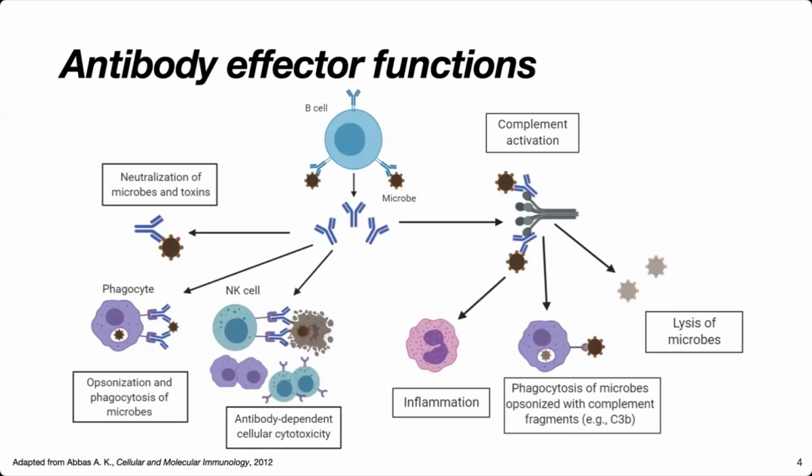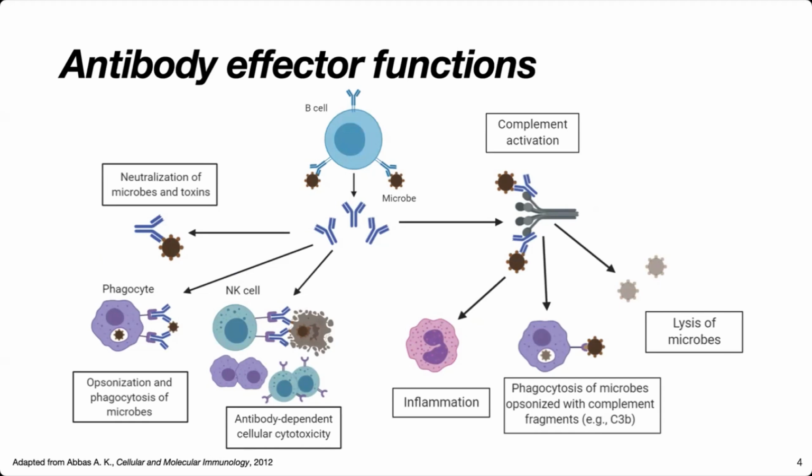Antibodies also activate downstream immune cells and promote phagocytosis or cell killing. And antibodies also activate the complement system, which is part of our innate immunity, that further downstream helps clear the pathogens from our systems.